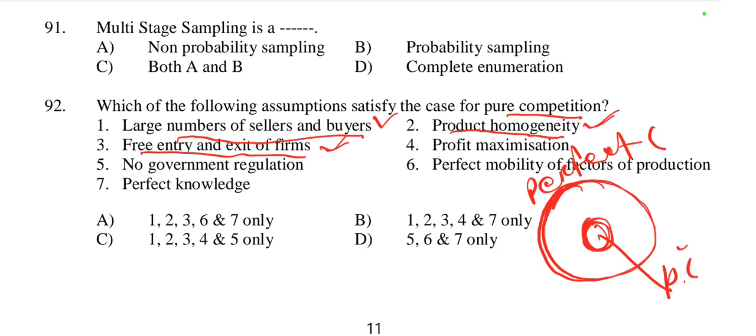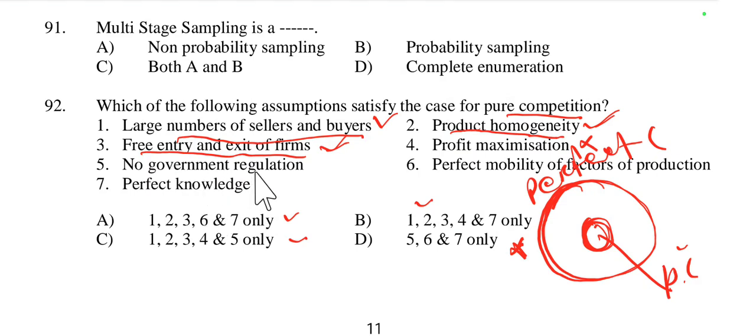So here, 1, 2, 3: in option A, option B and option C, all three options 1, 2, 3 are given. So D is the incorrect option, and we have to find the right option. So we take more characteristics, like the fourth, profit maximization. In pure competition, profit maximization is not included.